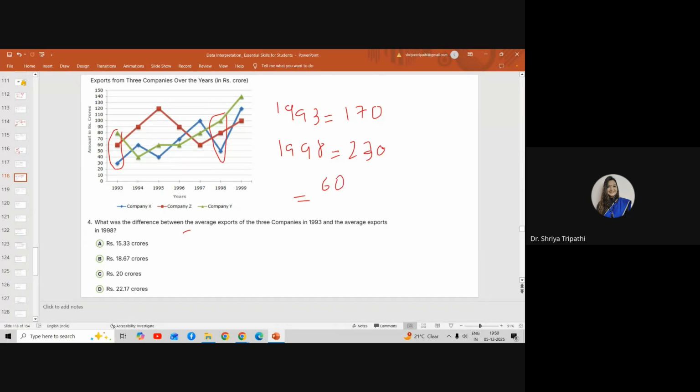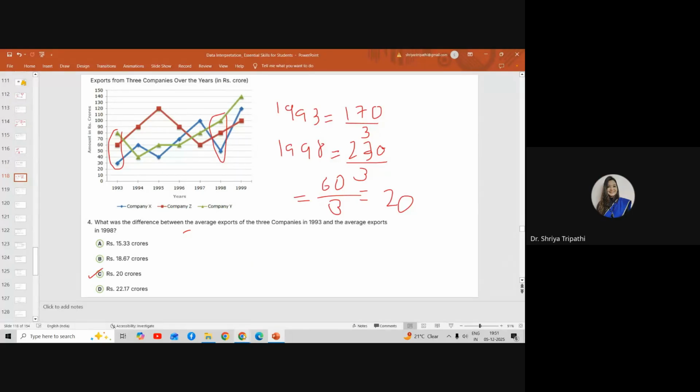Now I can do 60 divided by 3. Same only, either if I write it like this, minus this, or this. It is 20 crores. Got my point, everyone? Have you understood?